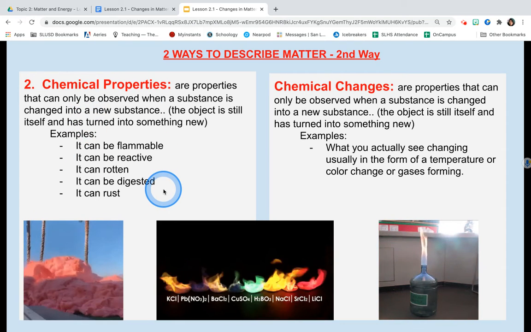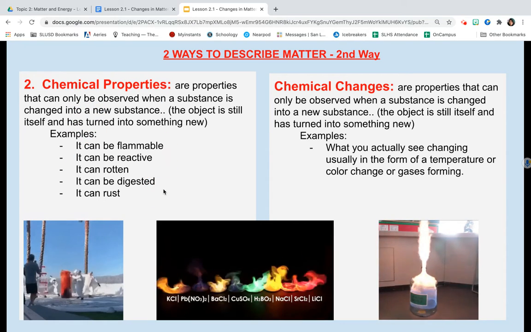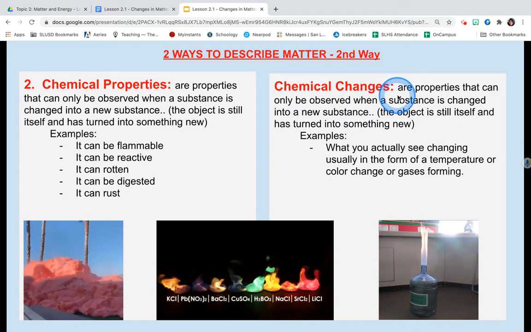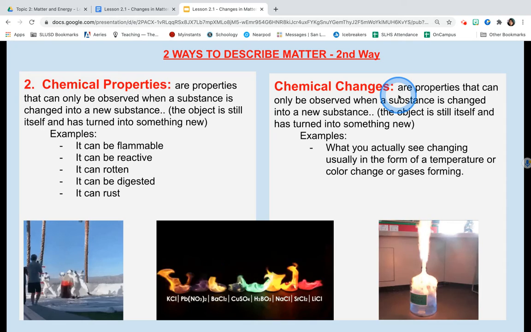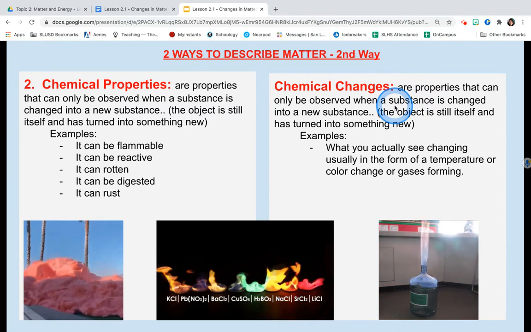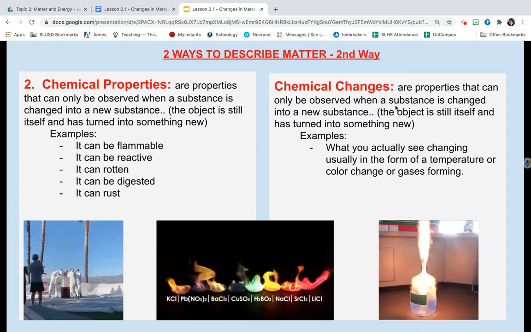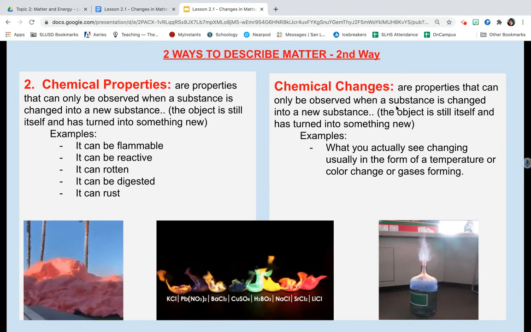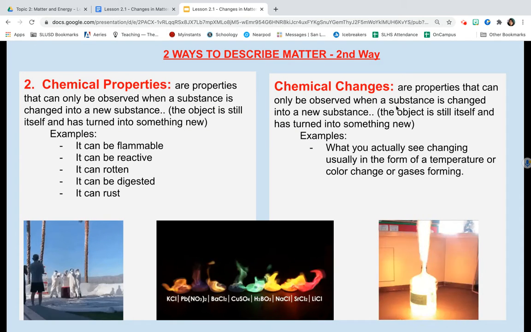What can they do, or what can they change into? A chemical change itself, the formal definition is that a chemical change is what can only be observed when a substance is changed into a new substance. So basically, it's what you see when something is turning into something new.